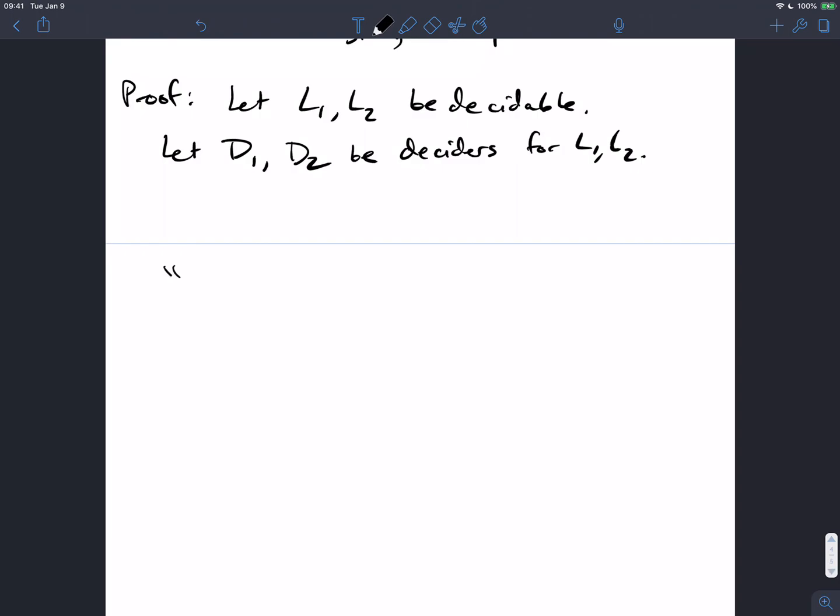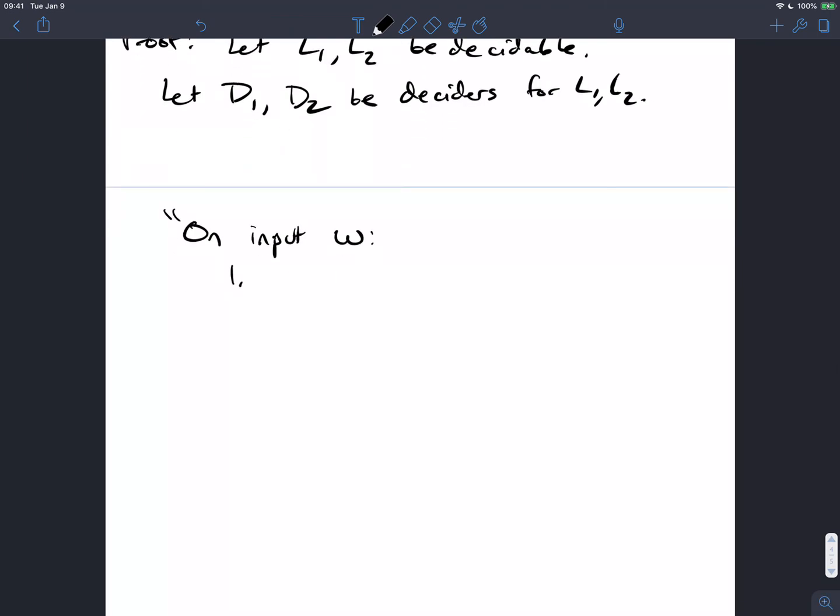So the way that we write these high-level things is we say on input, let's just call the input string W, whatever it is. This on input means the machine that we are making has W written on the tape. But we're not going to think of the tape here. So to check whether D1 accepts the input, we say run D1 on W. If D1 accepts W, what should the machine that we're making say?